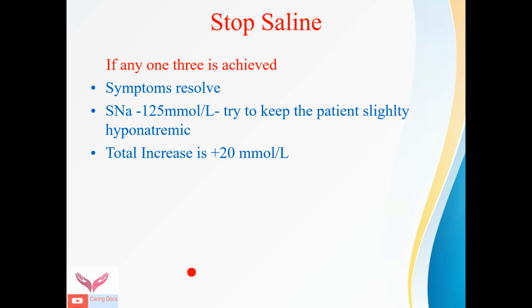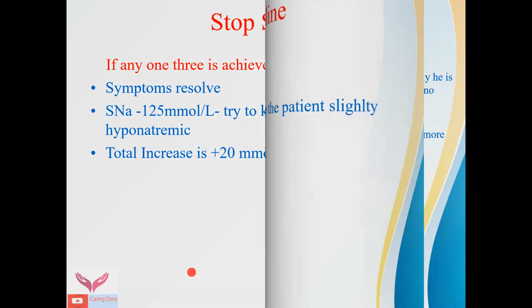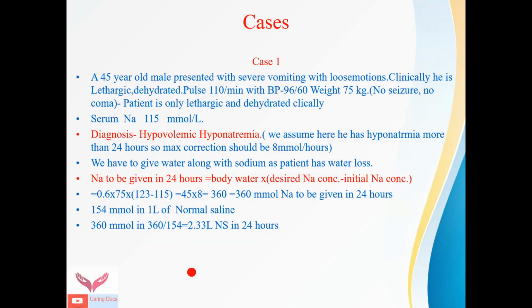Third, once we have increased the sodium concentration by 20 millimole per liter from the initial concentration. So when any of the three criteria is met, we can stop the infusion. Let us take a few cases.